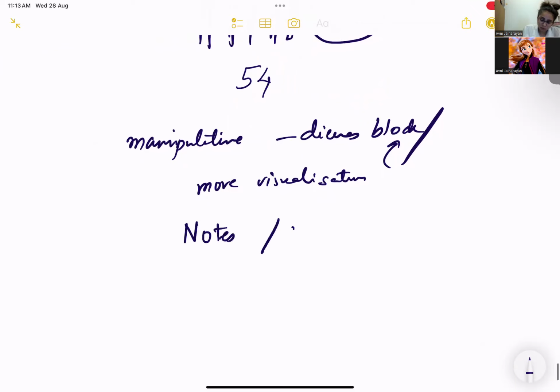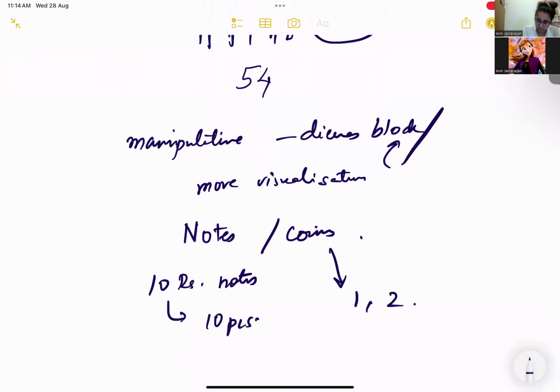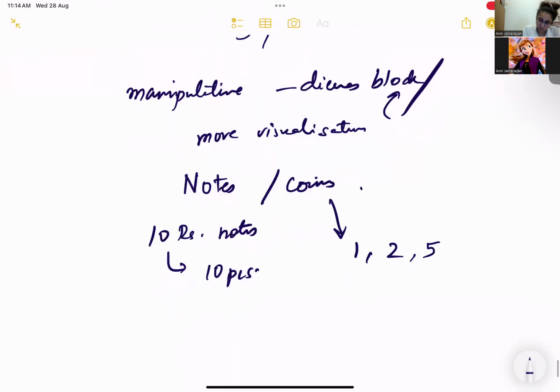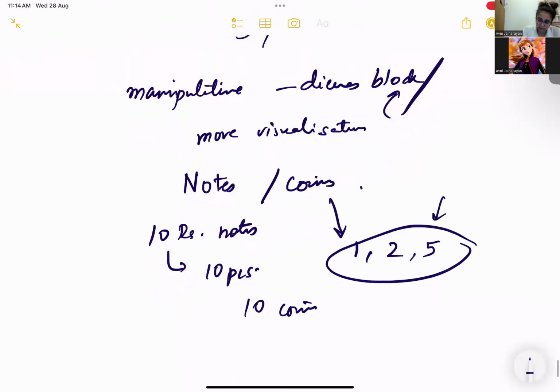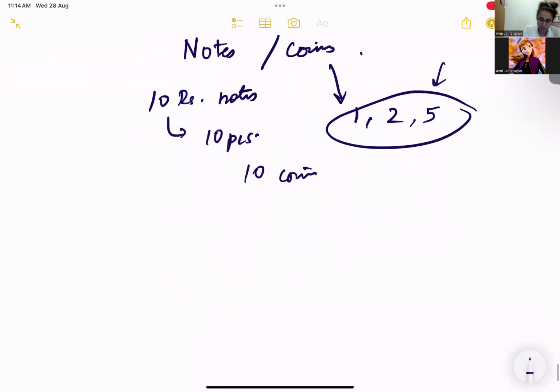Okay, so notes and coins, I feel you should have 10 rupee notes with you, say 10 pieces of that, and some coins in different denominations like 1 to 5. You can also have a 10 rupee coin.